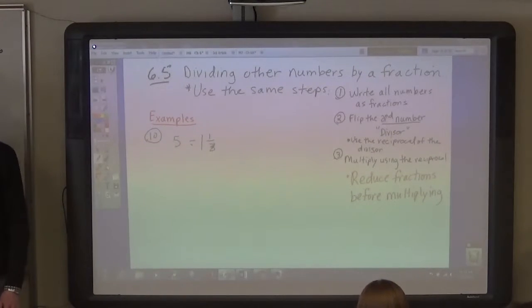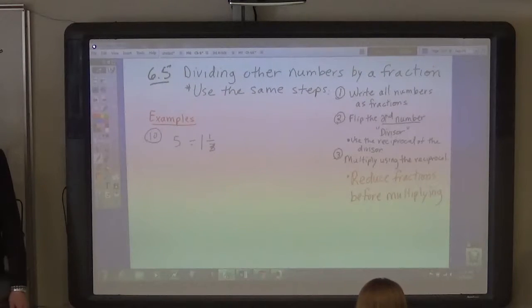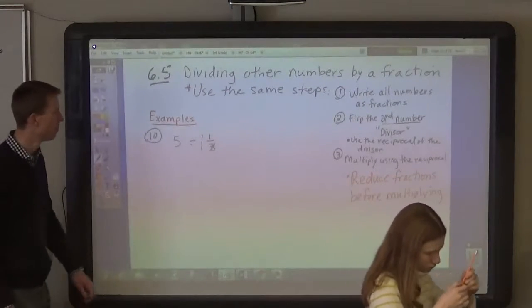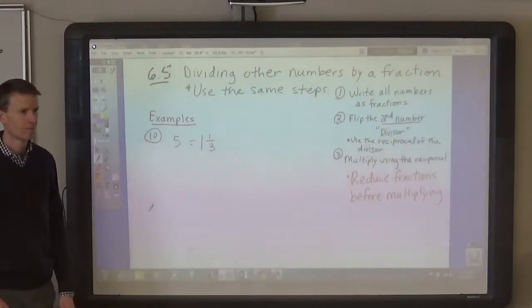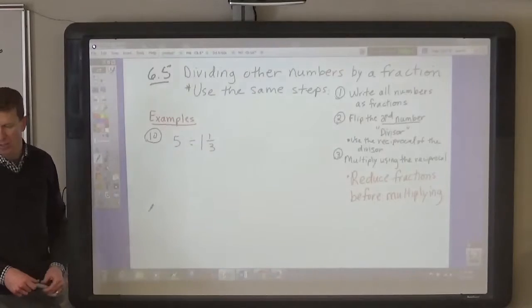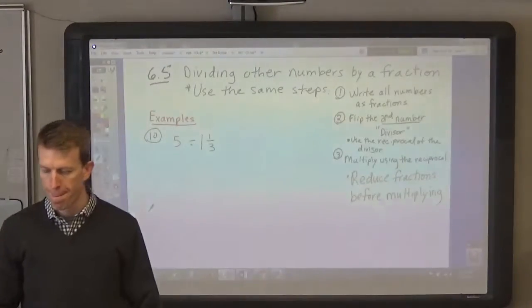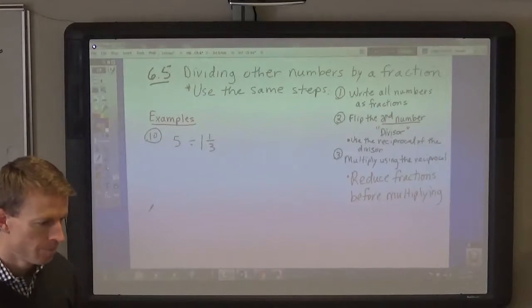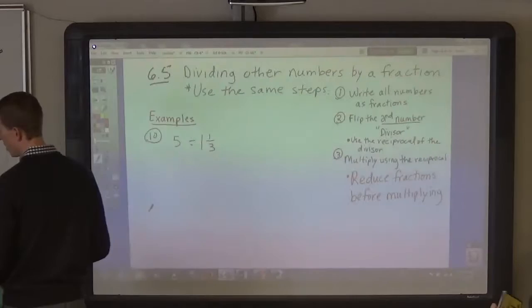Page 182. 5 divided by 1 1/3. So go ahead and set this one up. This is part of your assignment, so you can put it in your assignment book. Page 182.